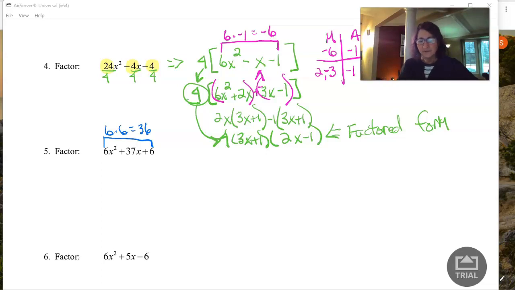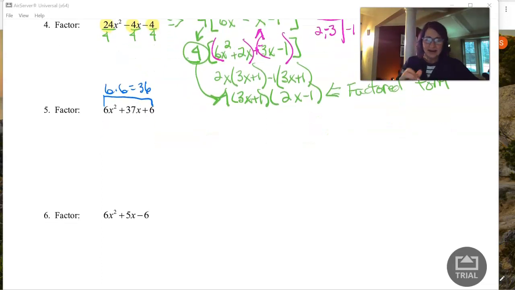So I'm looking for what can I multiply that gives us 36, but is going to add to 37. It's the obvious: 1 times 36. Then that is going to add to 37.